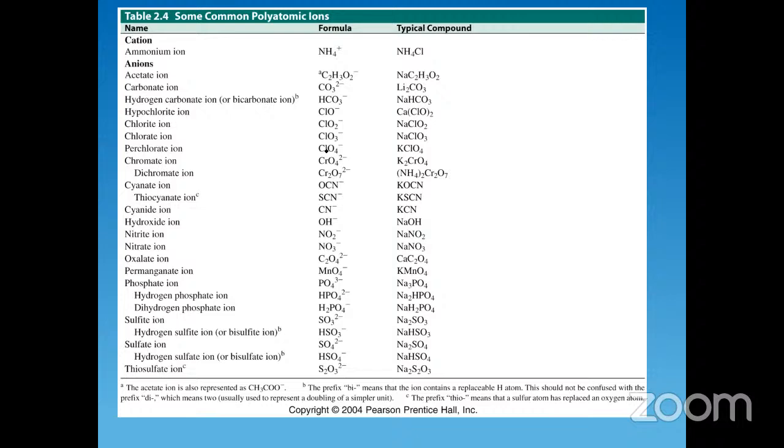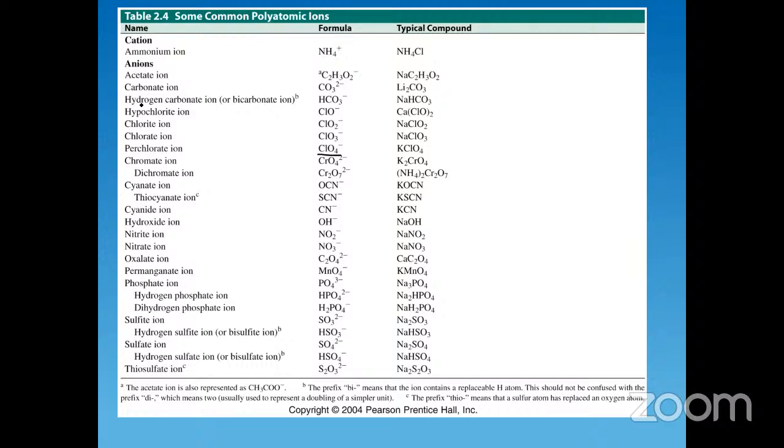So this is the chlorate ion, and this is the perchlorate. As you can see here, the perchlorate has one more oxygen compared to the chlorate. And then the ClO2 minus here is known as a chlorite ion. And then the hypochlorite ion will have one less oxygen compared to the chlorite ion.